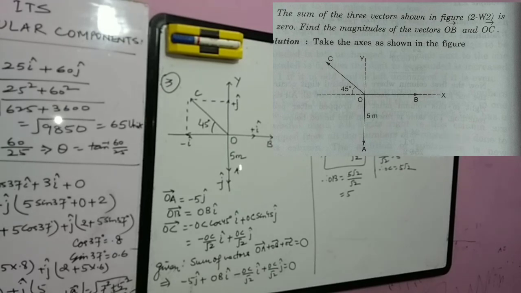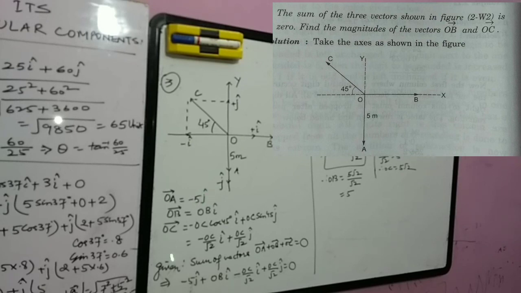Because it is on the y axis, it has no x component. So OA vector can be written as 0 i, and directly we can write minus 5 j because it is going towards the negative y direction.